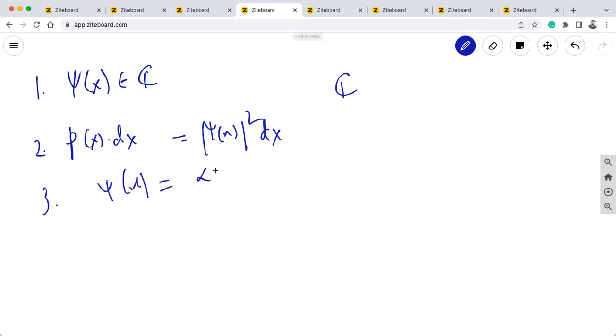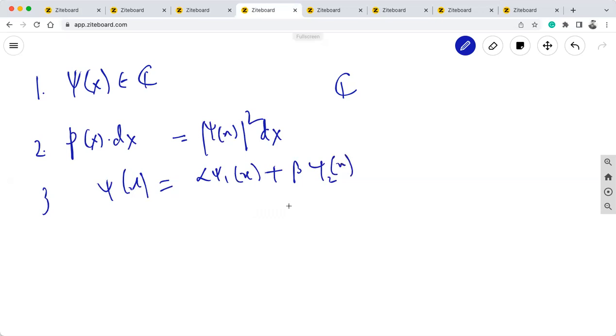Third is the superposition principle, that chi of x you can represent as alpha chi 1 of x plus beta chi 2 of x, which are two other wave functions.